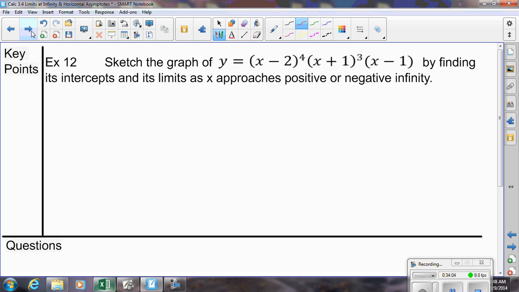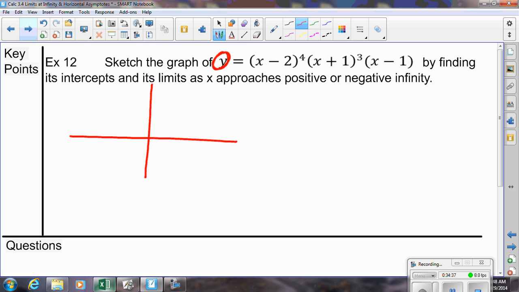Okay, sketch the graph by finding its intercepts and its limits as x approaches positive or negative infinity. Let's get the intercepts right away. Our intercepts are where we're crossing the x-axis, which occur where y is equal to 0. Isn't it wonderful that it's already in factored form?